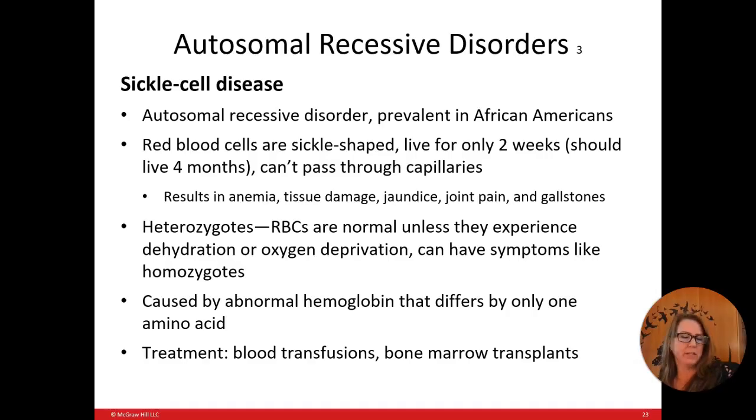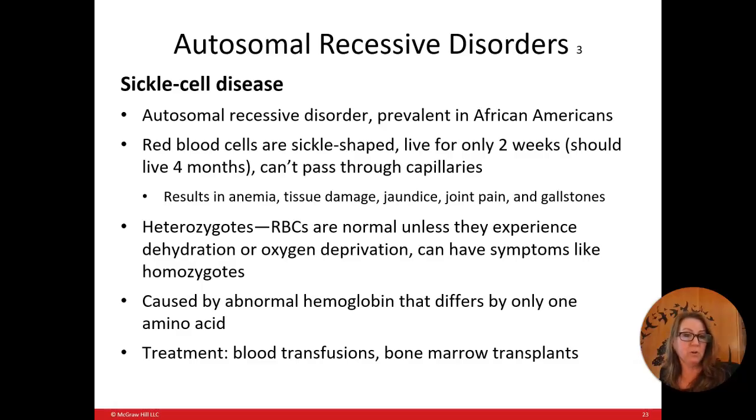Sickle cell anemia, another autosomal recessive disorder. Essentially, this one causes the red blood cells to become sickle-shaped. They can't pass through the capillaries, and it causes severe pain. Not only pain, but jaundice, anemia, as you might imagine, tissue damage, and gallstones. The strange thing about this one is if you are a heterozygote, your red blood cells are normal unless you're dehydrated or oxygen deprived.